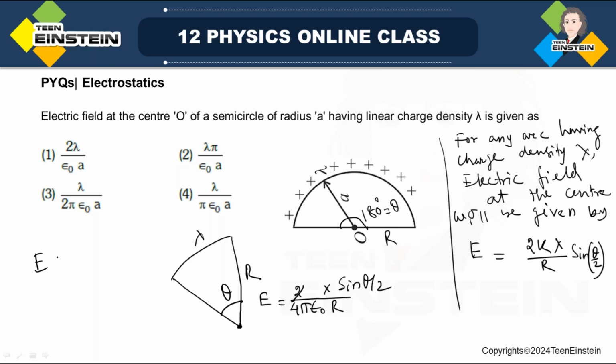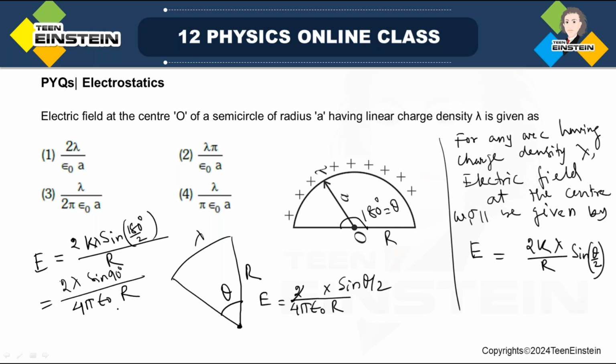Electric field at O will be 2 into k lambda, sine 180 degrees by 2, divided by r. Now k is 1 by 4 pi epsilon, so 2 lambda sine 90 degrees divided by 4 pi epsilon naught r.